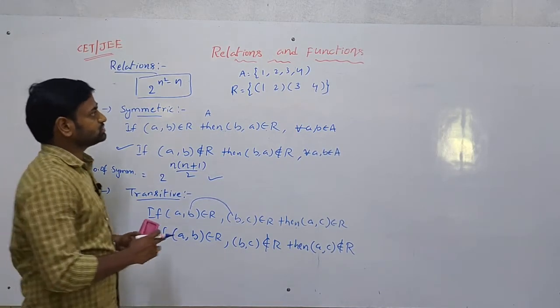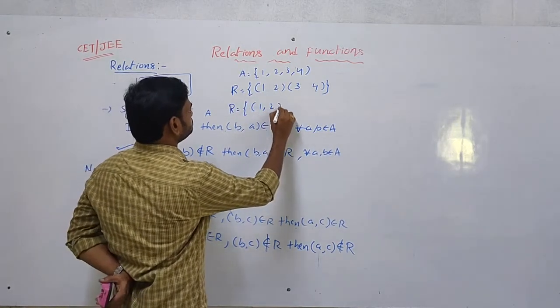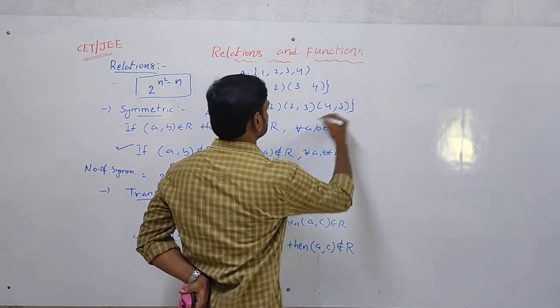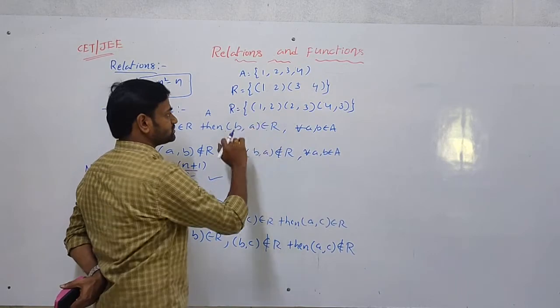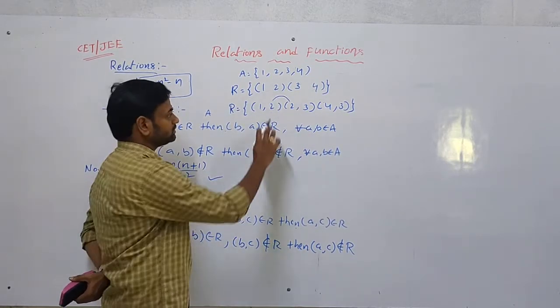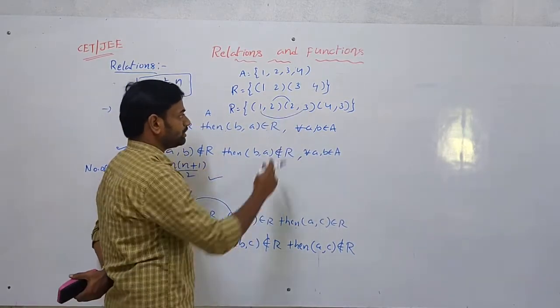Remember always. Suppose here one more I am taking, R equal to this. See here, two pairs exist: (1, 2) and (2, 3). These two are equal. Now we have to check (1, 3). Do you have (1, 3) here?